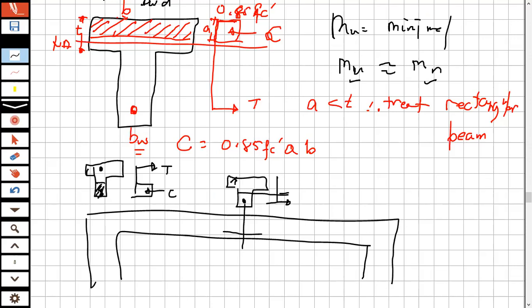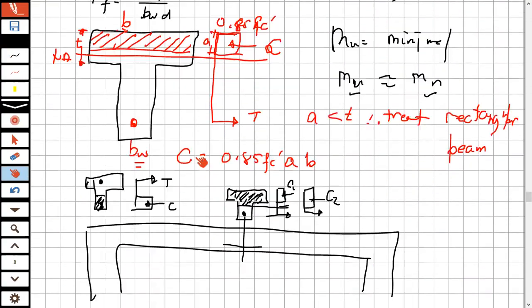Okay? Kasi ito yung magiging area concentration of the compression block. Okay? So, hatiin mo siya ng una dito, and then the other one is here. Okay? C1, and then you have here C2. Okay? So, yun lang.